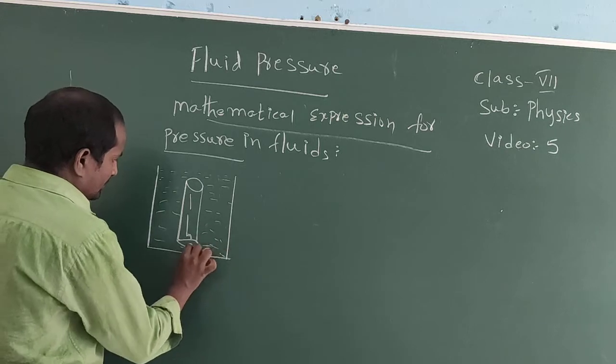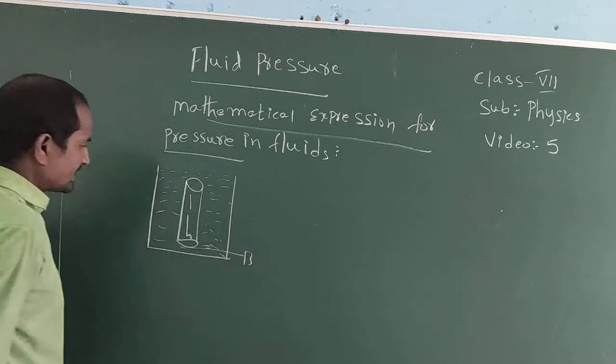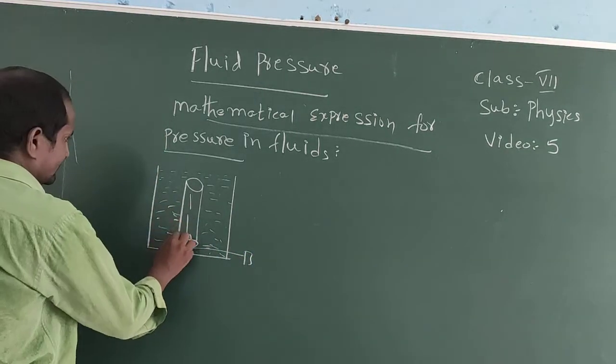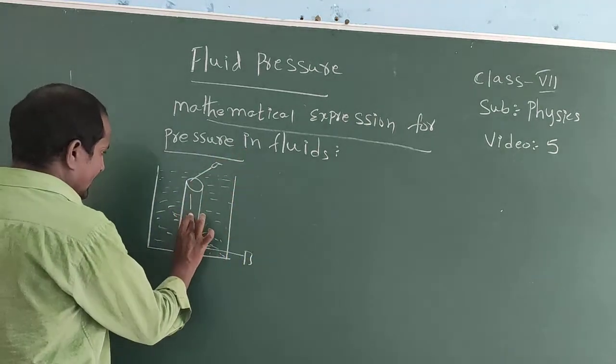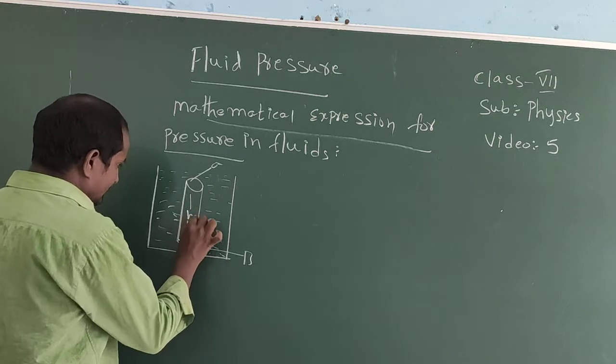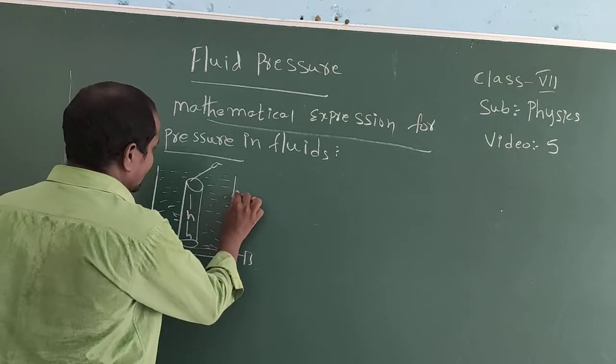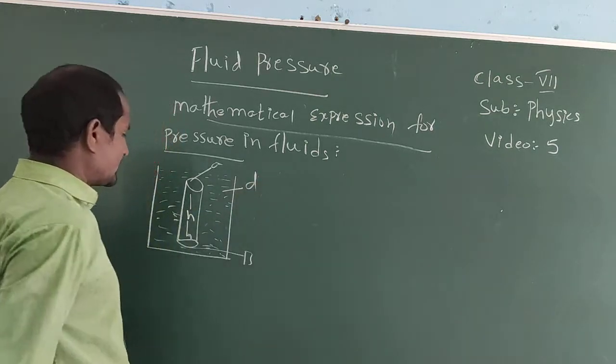Here point B is the base of the surface at the bottom of the tank. So here area of cross section equal to small a, height equal to H, and density of the liquid equal to D.